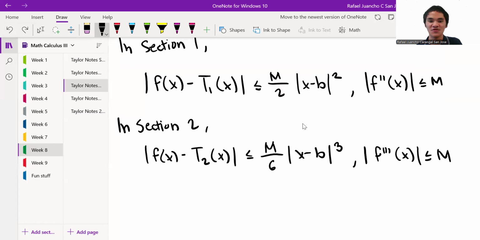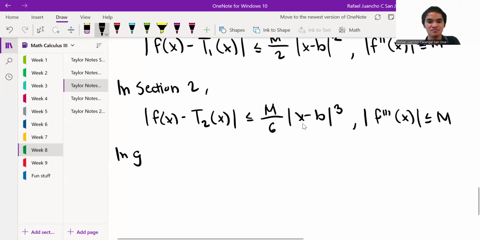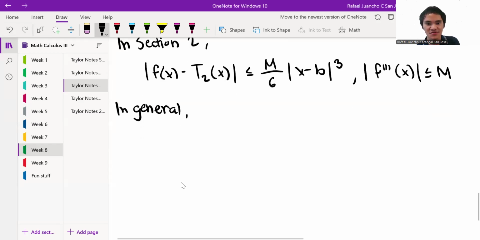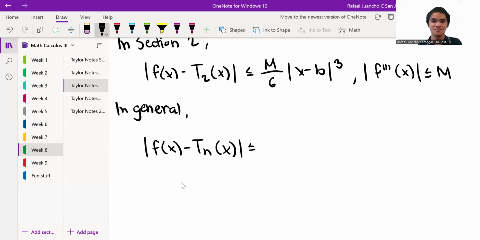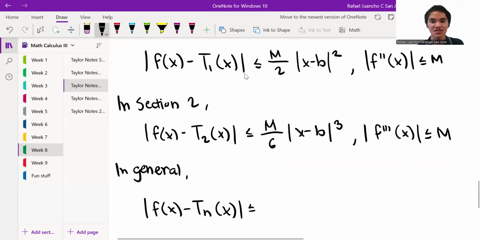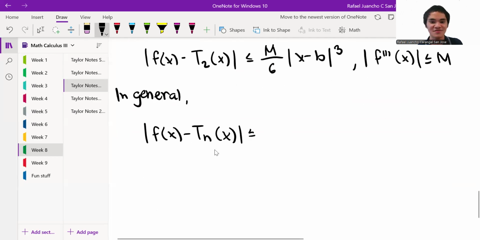Now, what if we want to make it general? Here's the formula. So just by observing this idea, in general, the error bounds of our nth Taylor polynomial is what? This is 2, this is 6, this is 1, this is 2. I can't really make a difference there.